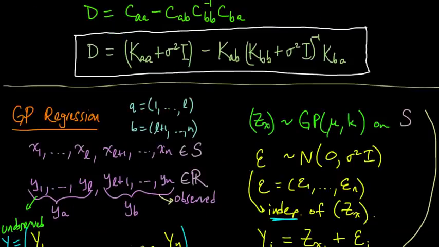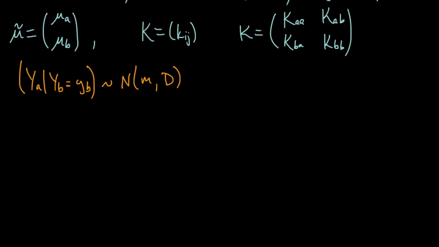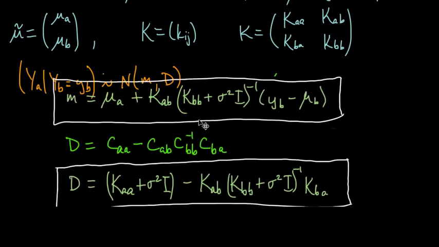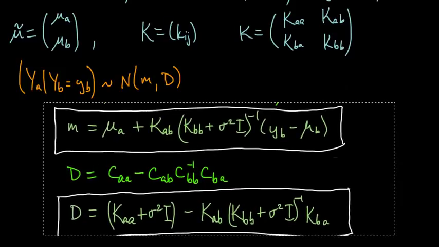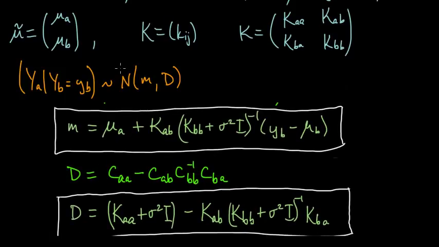Actually, let's move down here first, just to emphasize that this is the formula. These are the formulas that we wanted. It is exactly this. Okay, so we've got it.